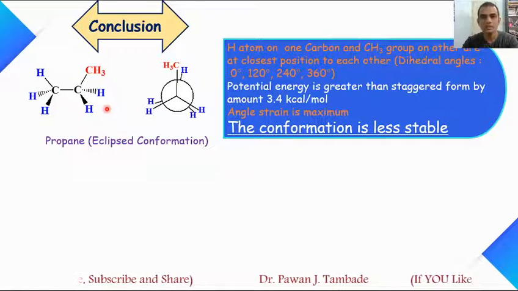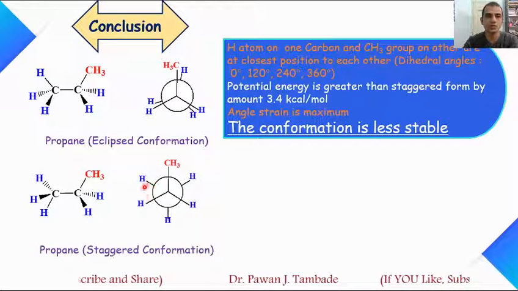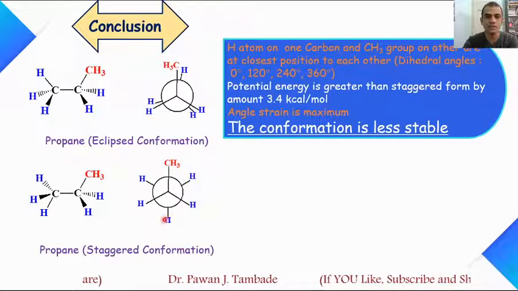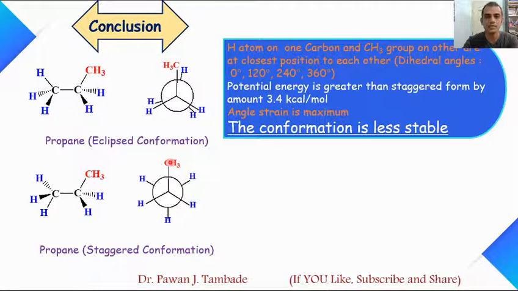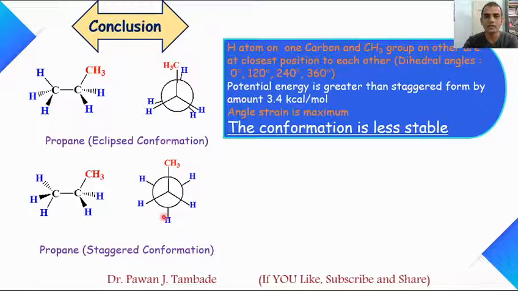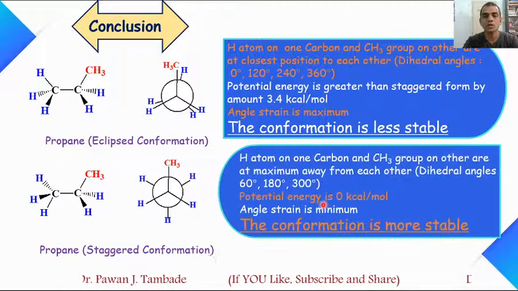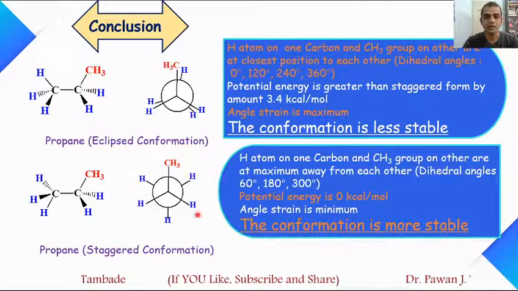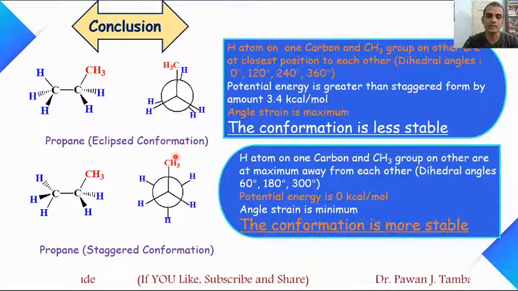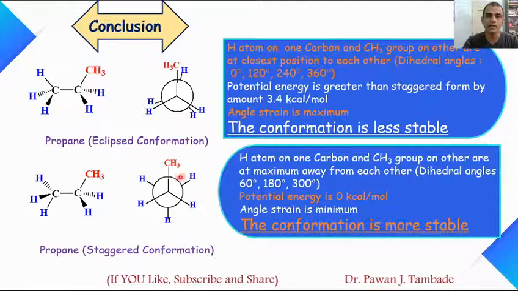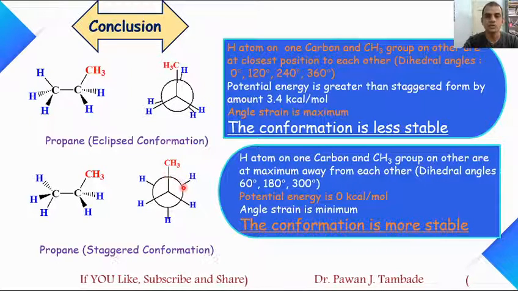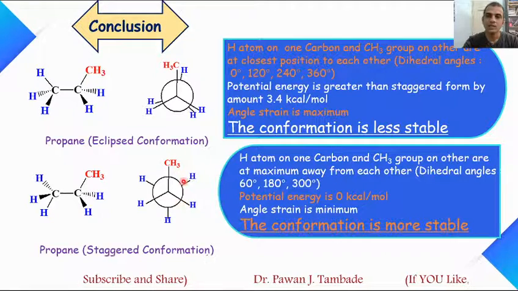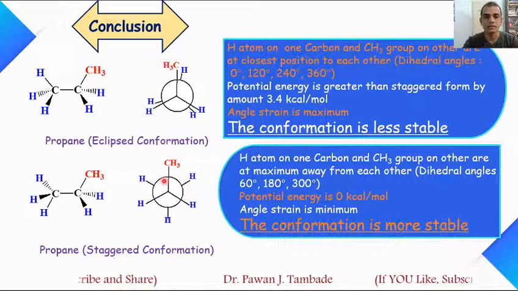Now the second possible conformation which we saw in propane is staggered conformation. And if you look at this staggered conformation, you will come to know that these CH3 and hydrogens are at maximum distance away from each other. So these are certain notable points about staggered conformation. In staggered conformation, the hydrogen atom on one carbon atom and the CH3 group on another carbon atom are at maximum distance from each other, and they are present at dihedral angles 60°, 180° and 300°.